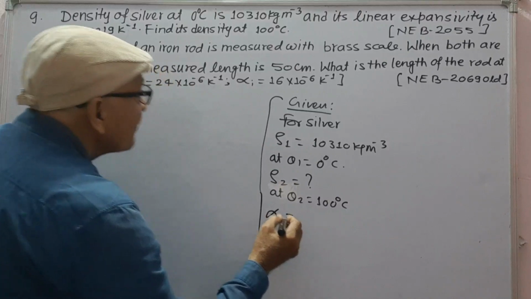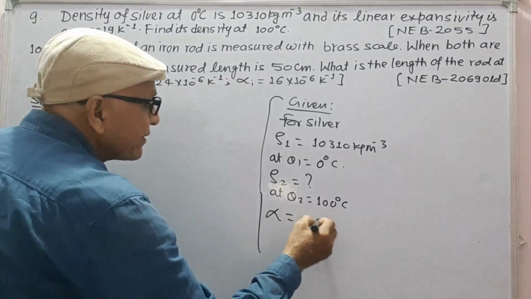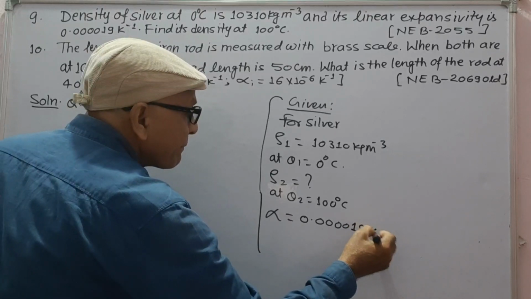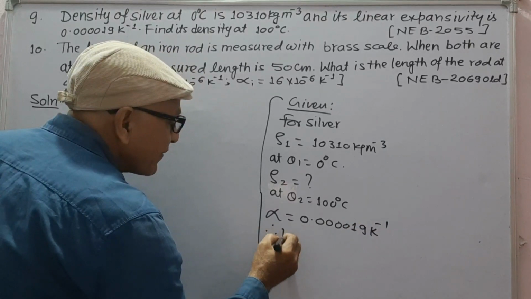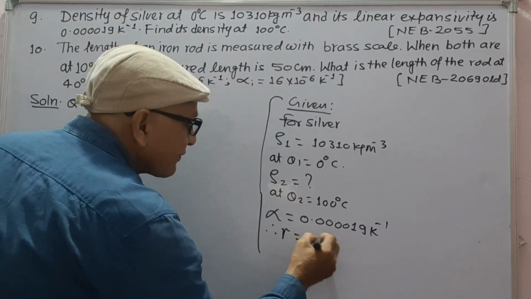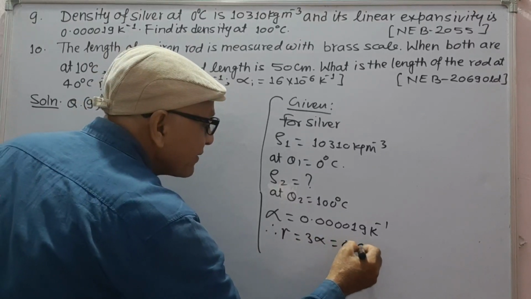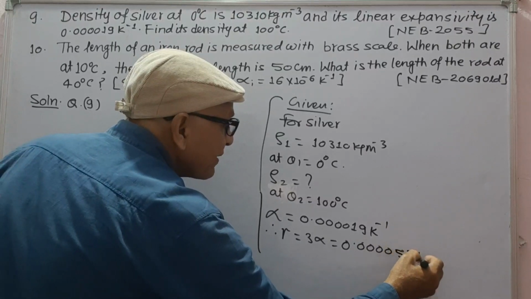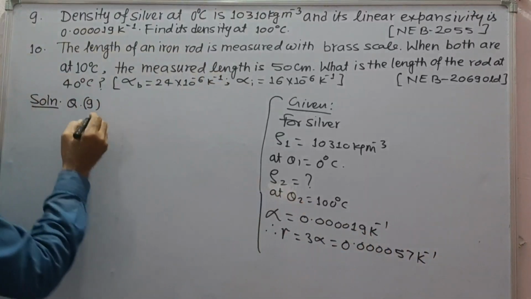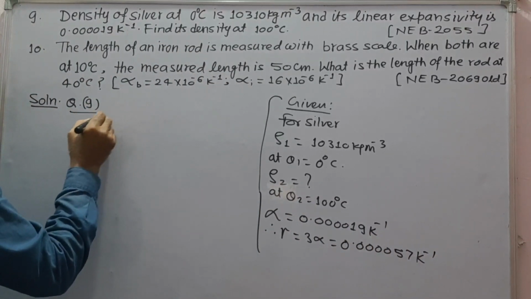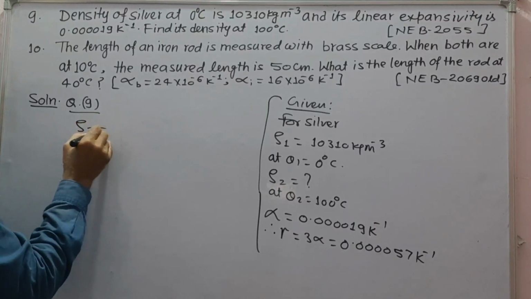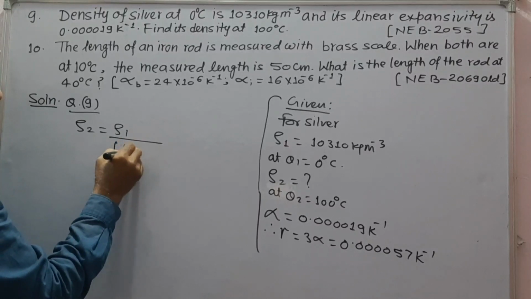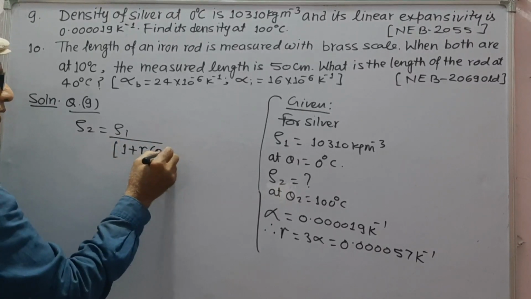Alpha is given to be 0.000019 per Kelvin. Therefore, gamma will be equal to 3 alpha, which is 0.000057 per Kelvin. We know rho 2 is equal to rho 1 upon 1 plus gamma into theta 2 minus theta 1.